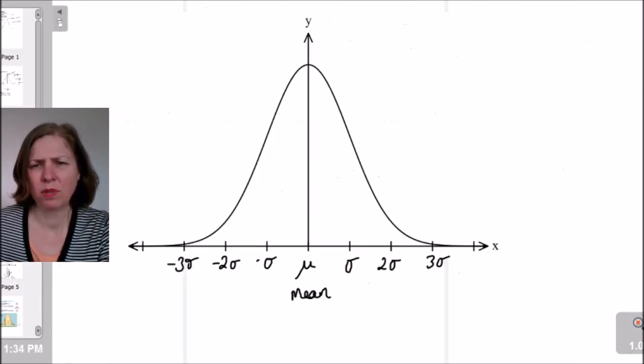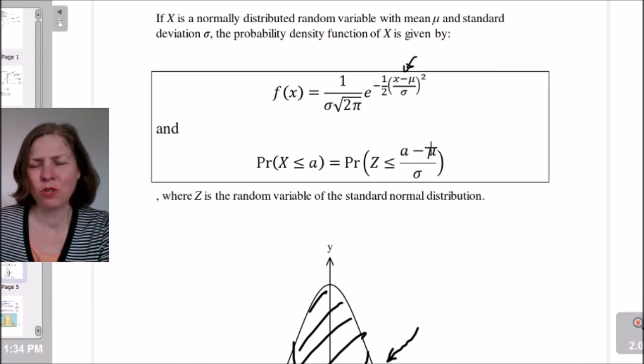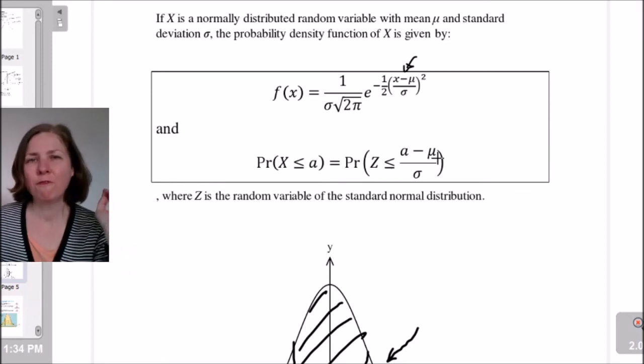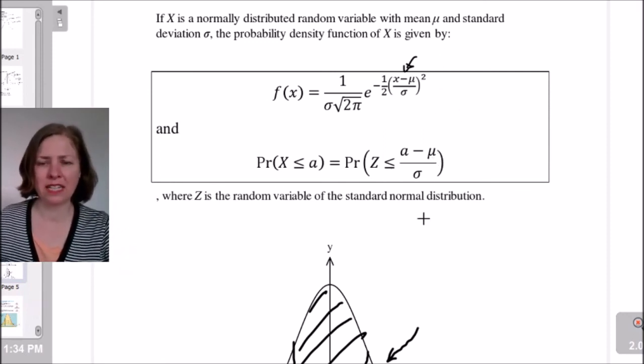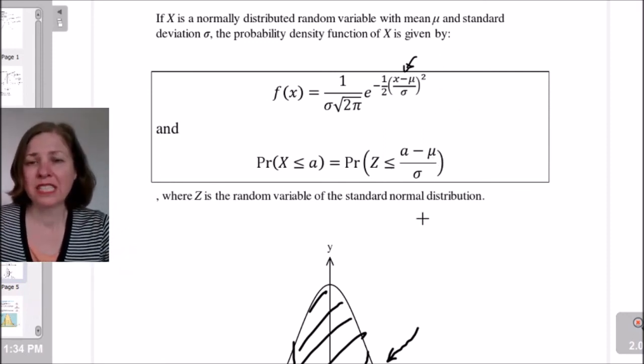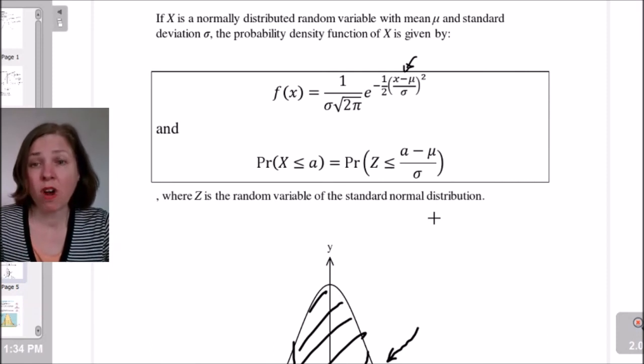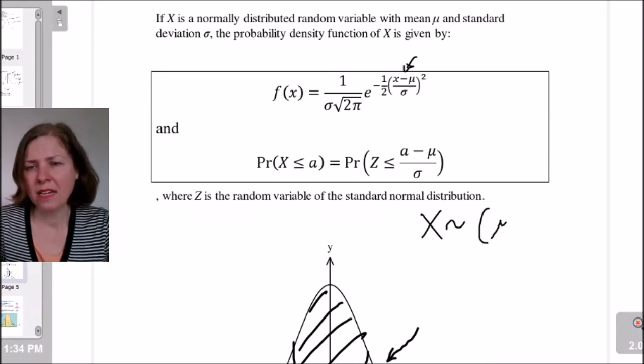I subtract mu and I divide by sigma, which is my standard deviation. Now, if I'm in a question where I have a normal distribution, this is what I write. X is normally distributed. I write down the mean and I write down the variance. The variance is the standard deviation squared.